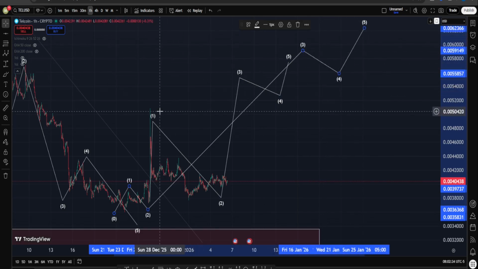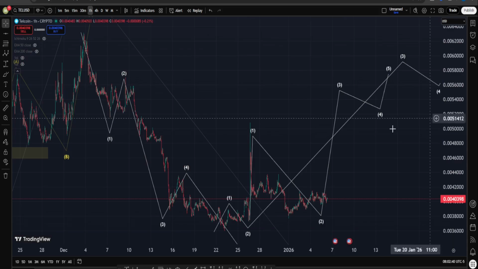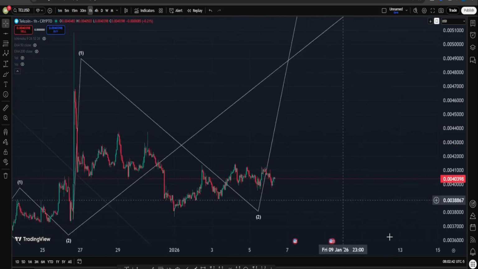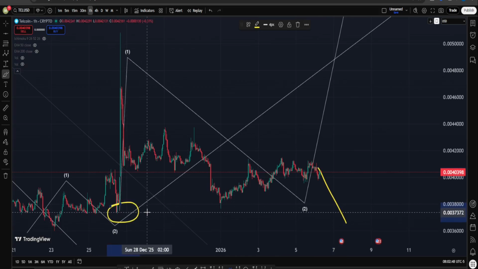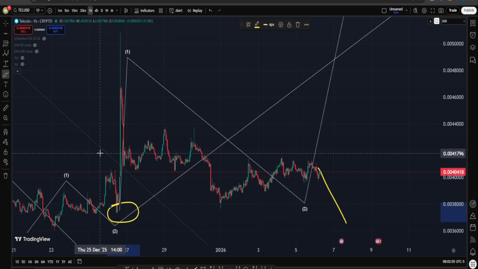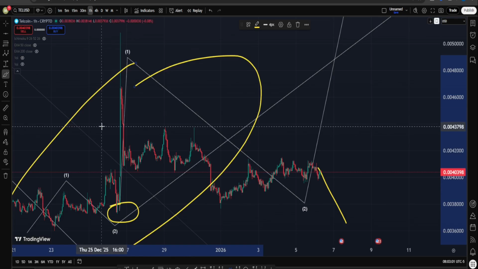Now, here's a very important point, and I'm telling you this because the invalidation point is quite close. You see, in TELCOIN, if we end up having another move down from the current point, and in that phase we take this important low right in here, about let's say 0.373 of a cent, at that point I don't think you are able to identify some sort of impulse, or generally a bullish structure in here.